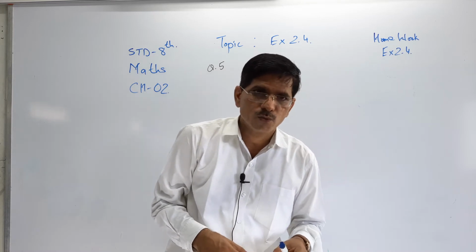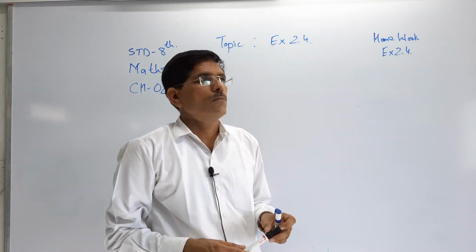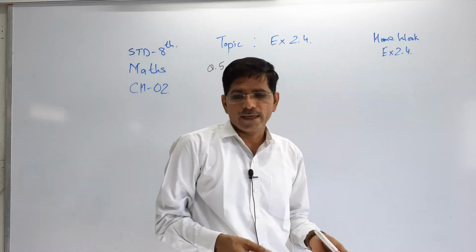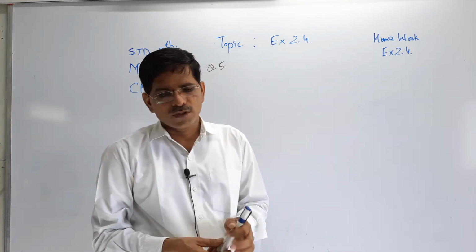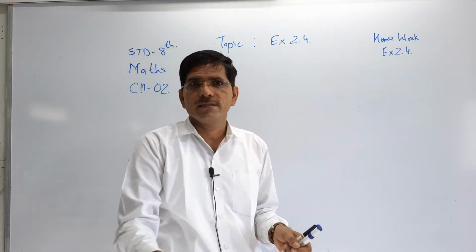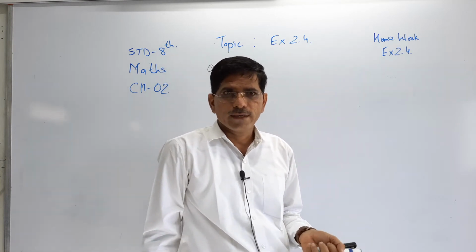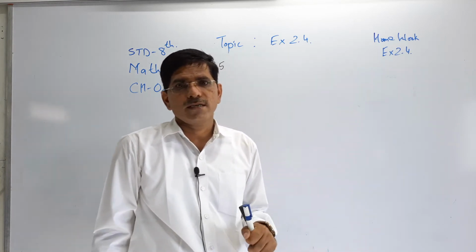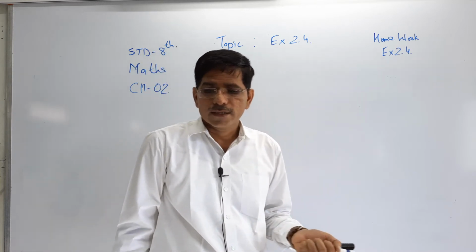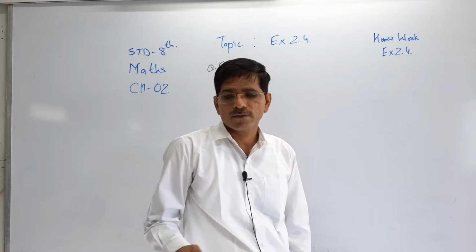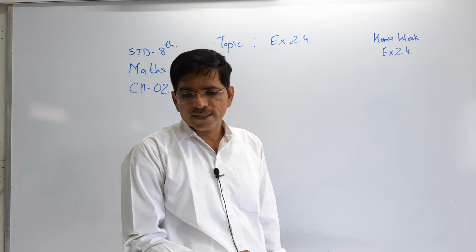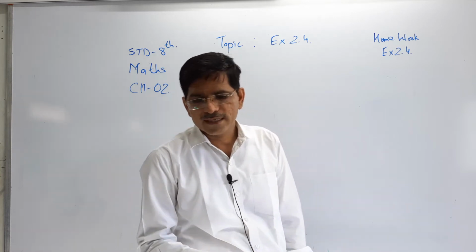So if I discuss Shobha's mother, what do I have to write? Let Shobha's present age be x, then her mother's present age is 6 times, so 6x.